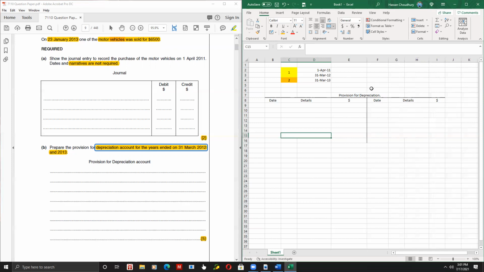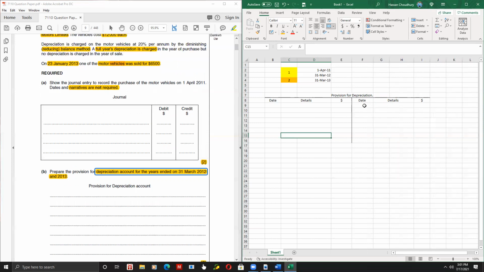First year, if it's brand new, you don't have any depreciation balances. So what we need to do is directly write income statement and show the calculation for depreciation. In the first year, remember the formula is cost minus total depreciation, into percentage.